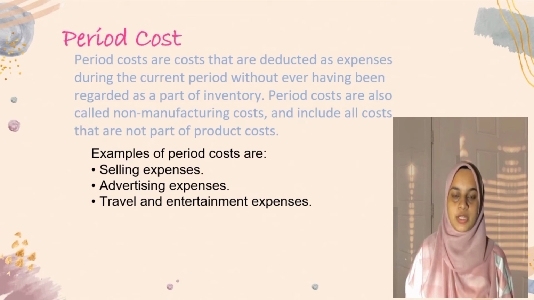All non-product costs, for example, sales commission, sales expenses, advertising expenses, travel and entertainment expenses, and administrative office rental costs, are period costs. Period costs are not included as part of the cost of goods, whether purchased or manufactured.